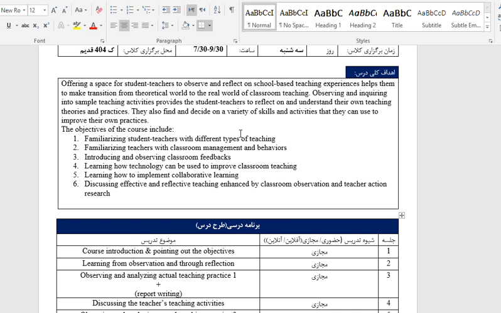For example, one of the teaching challenges is that there is a gap between what you have learned theoretically and actual teaching classes, a gap or difference between theory and reality. So there may be these things.